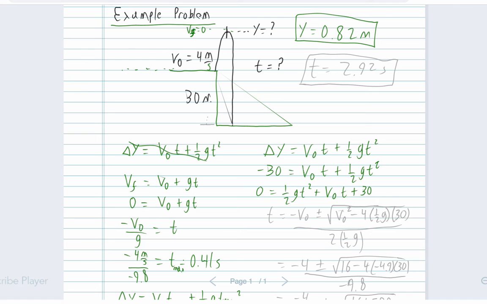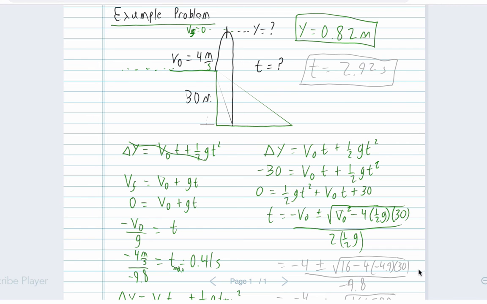So that means that t, if that becomes our x that we would use in the quadratic formula, then we get t equals negative b, which is negative v naught, plus or minus the square root of b squared, or v naught squared, minus 4 times a, which is 1/2 g, times c, which is 30, all over 2a, which is 1/2 g.